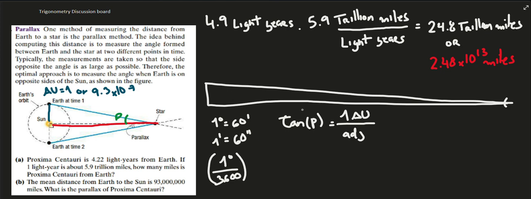So we know that 1 arc second is 1 degree over 3600.